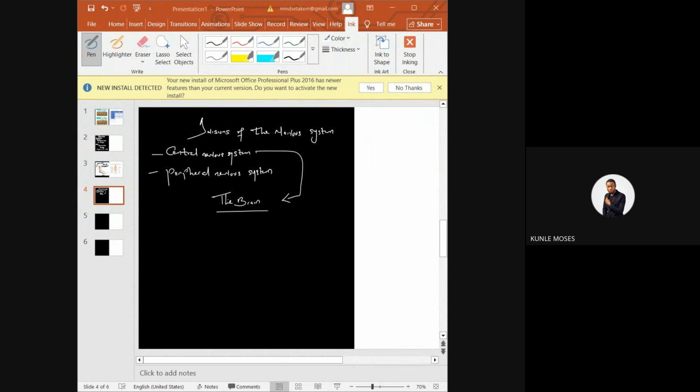Full stop. It connects the CNS to the rest of the body.